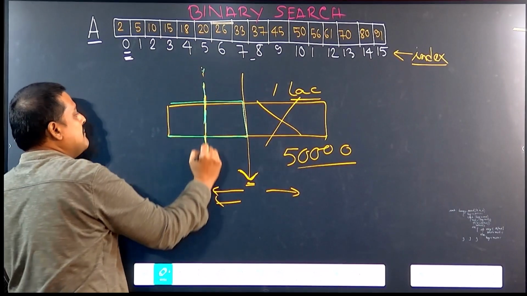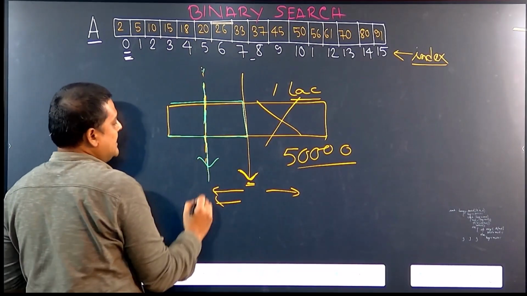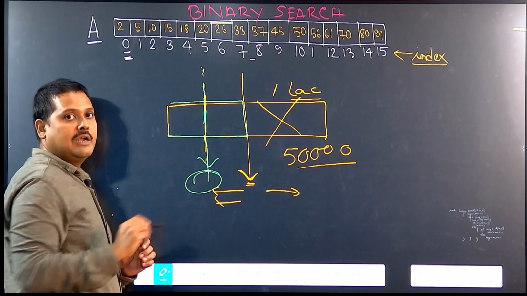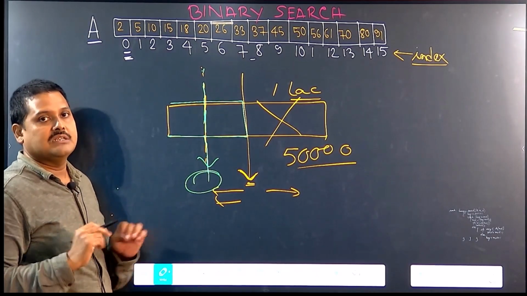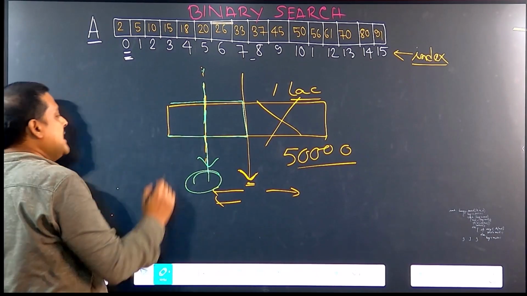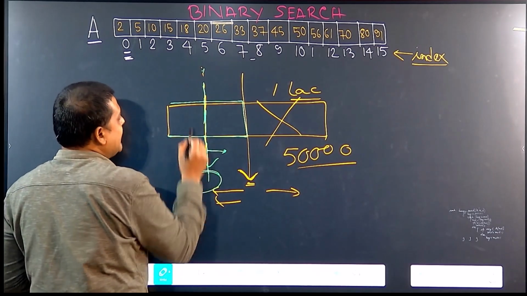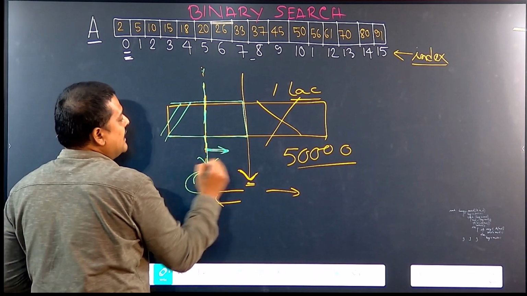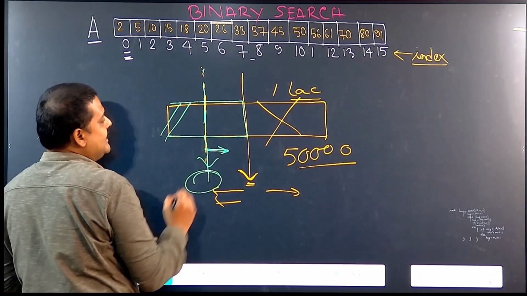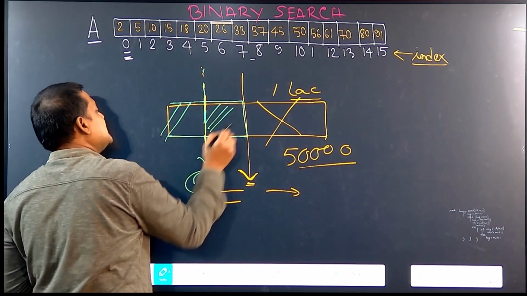In the second go, this is my target list from where I want to search, I will again find out the middle position, and if the element at the middle position is the element we are searching for, that is okay. Otherwise, I will either go left side or right side. If the element we are searching for is greater than our middle element, then we will search in this domain.